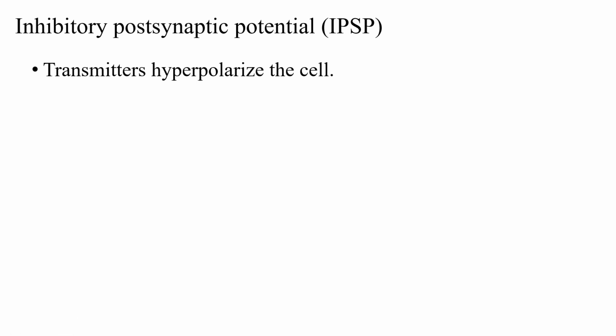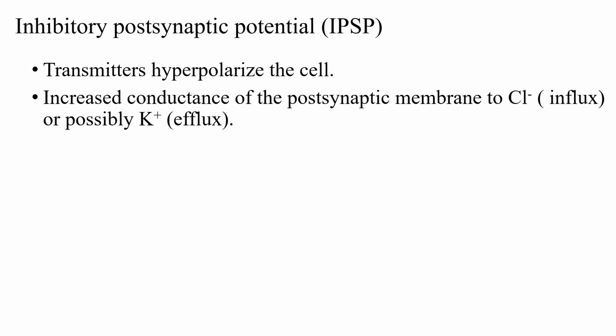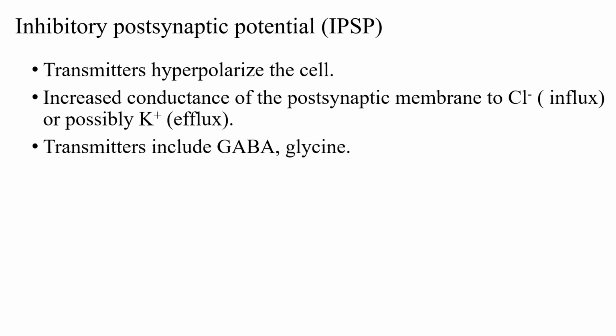Inhibitory postsynaptic potential is causing inhibition. So transmitters hyperpolarize the cell by opening up what type of channel? The chloride channel or possibly the potassium channel, right? Efflux of potassium or entry of negative chloride. Inhibitory transmitters in our body mostly include GABA or glycine.